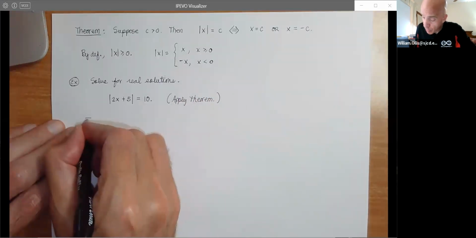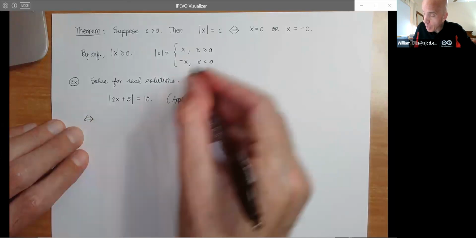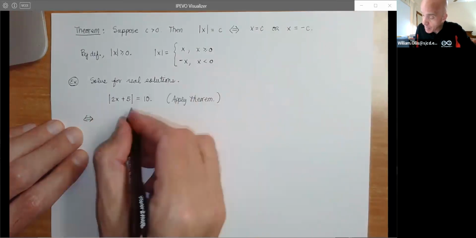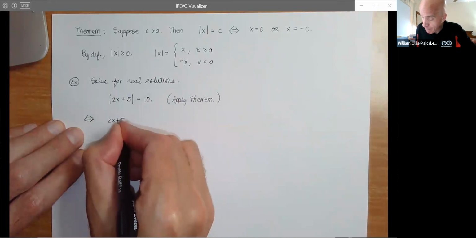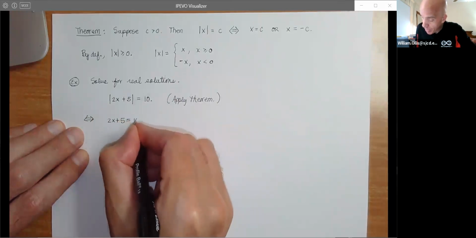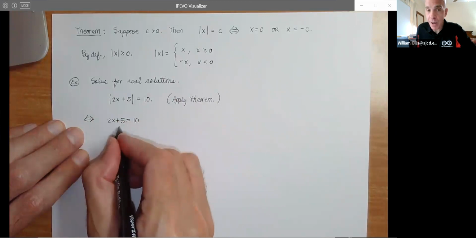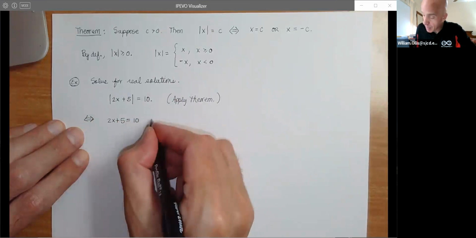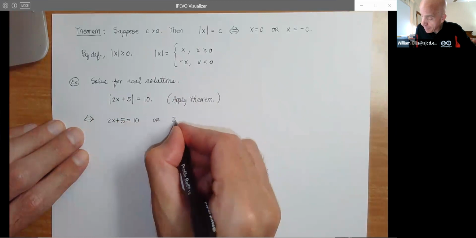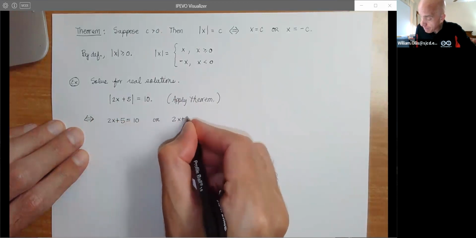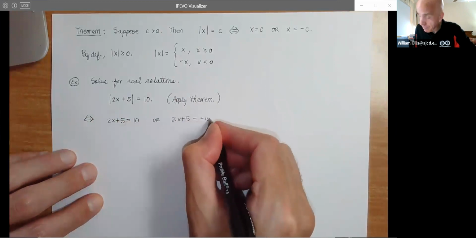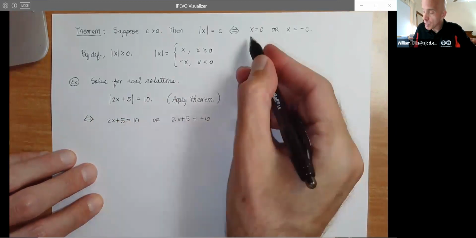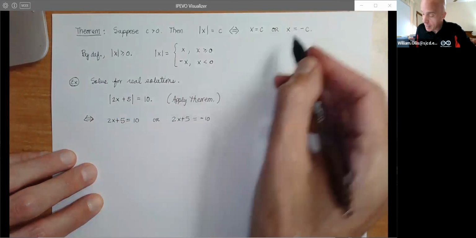So now by the theorem, we just follow what we call the recipe. So we have X equals C. So that says 2X plus 5 equals 10. So X is replaced with 2X plus 5 and C is replaced with 10, or 2X plus 5 is equal to the additive inverse of C. So again, we're just mimicking this equation and this equation.